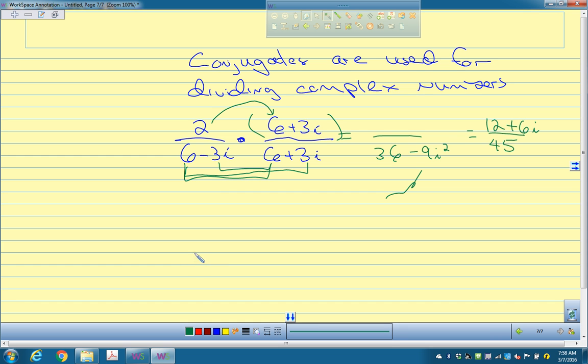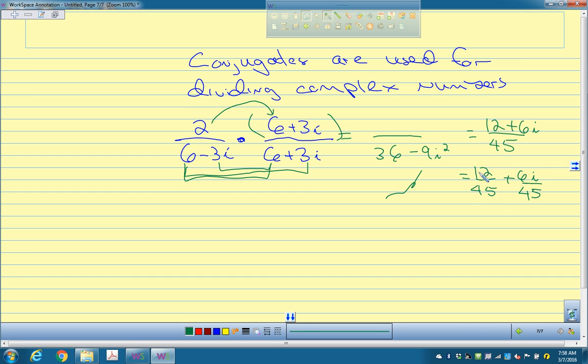And the last thing is they don't like you to leave it like this because this is really not in a plus bi form. So what you do is you break apart the two pieces into 12 over 45 plus 6i over 45. And then most likely you should reduce this.